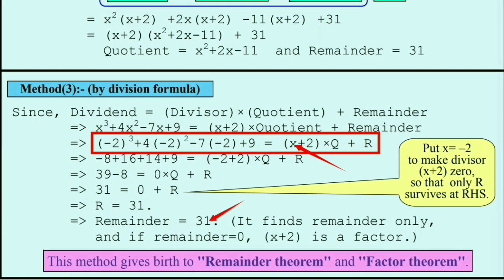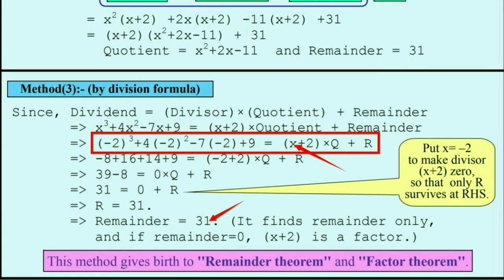So overall, in the second method we found quotient and remainder without performing the actual division process, and in the third method we replaced x with minus 2 and simplified, and finally we found that the value of R becomes 31.